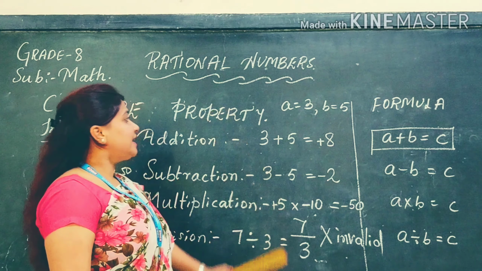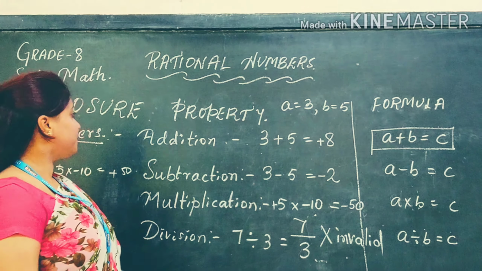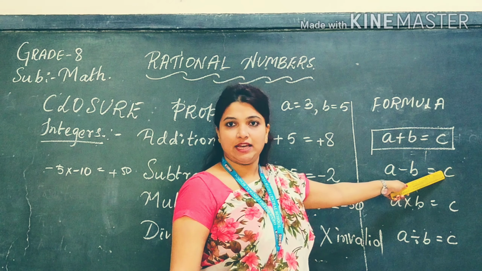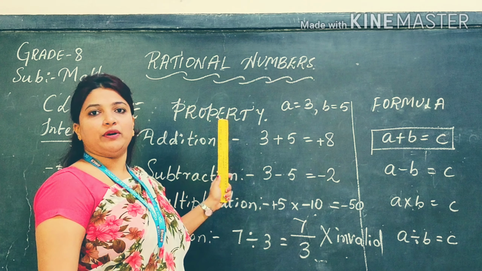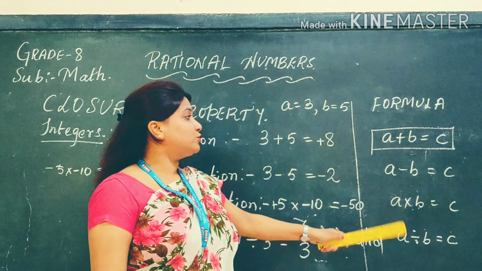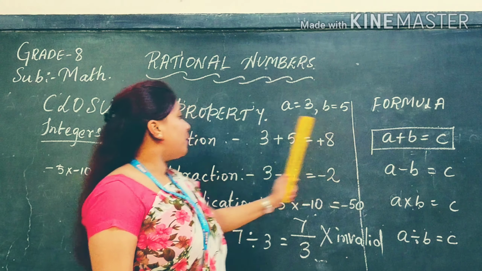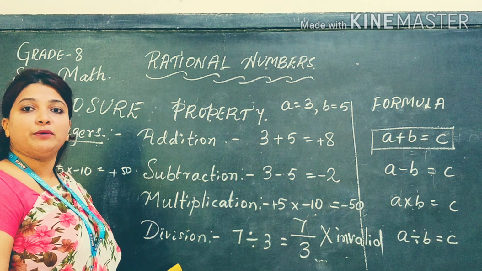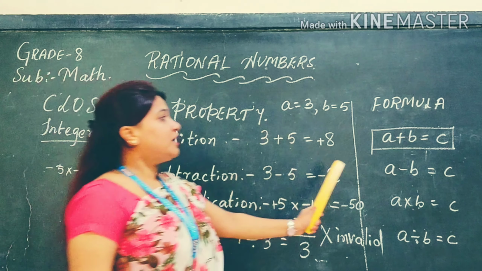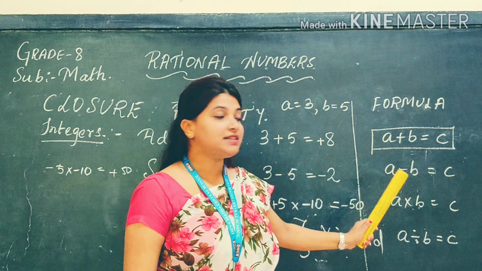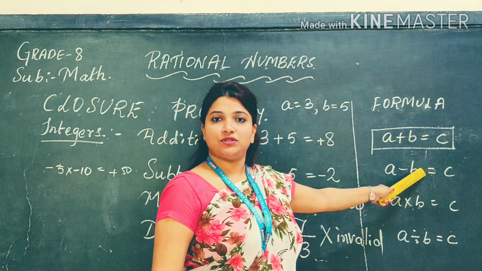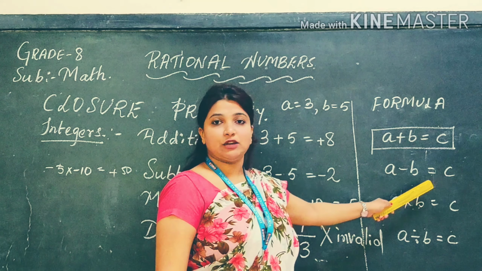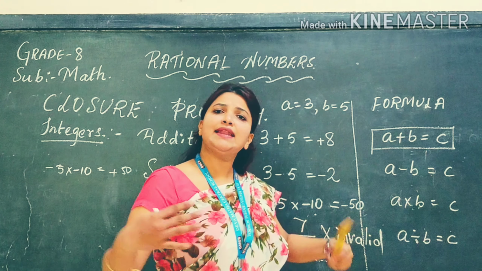Alright, so again, let me just recap everything. For addition, my formula is A plus B is equal to C. We are only studying closure property. In closure property, you have closure property of addition, subtraction, multiplication, and division. So the formula for closure property of addition is A plus B is equal to C. Closure property of subtraction is A minus B is equal to C, where A and B are any integers.